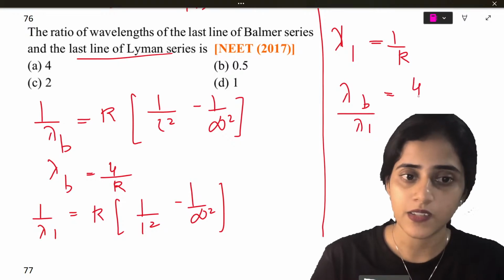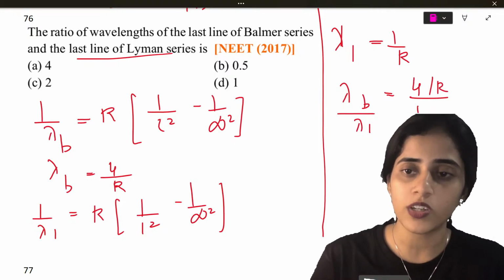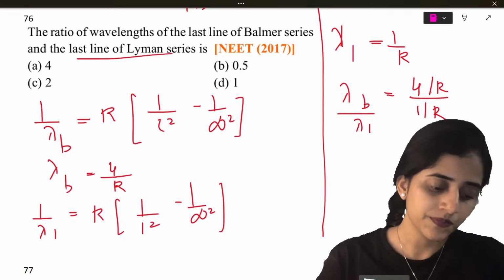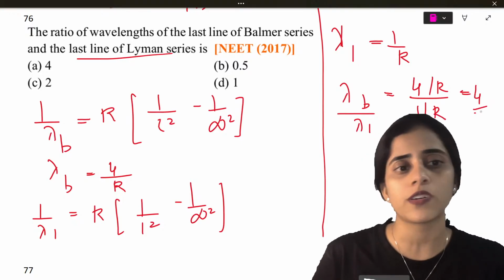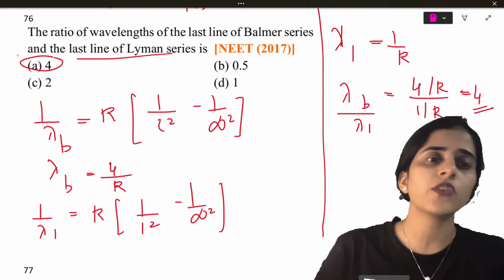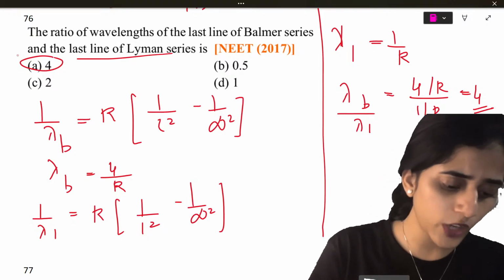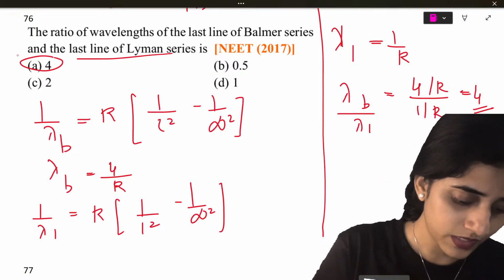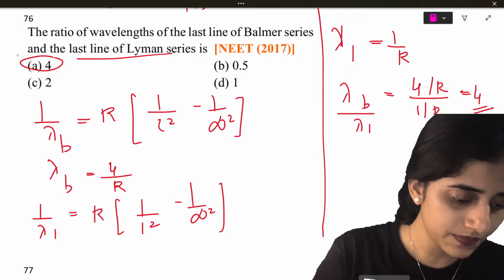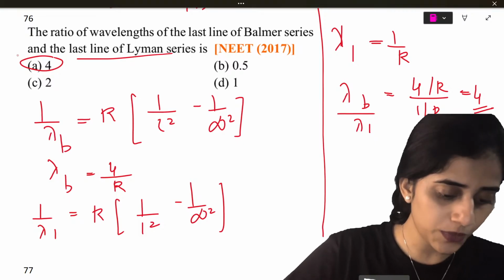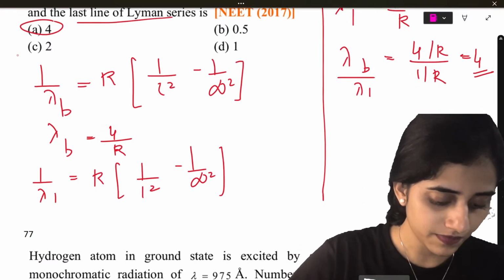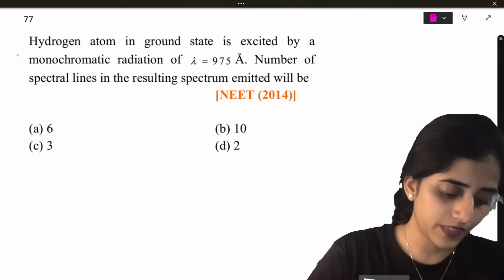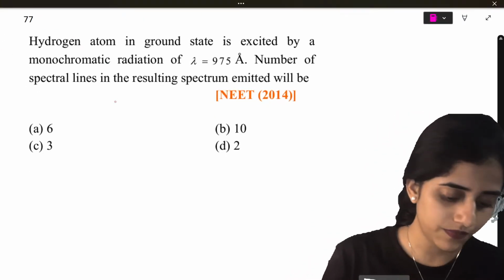Lambda B is 4 by R, the whole divided by 1 by R. So it is going to be equal to 4. So the answer is 4. Are you all getting option A in the answer? Quickly students, option A. Getting option A? Okay, very good. Next question.